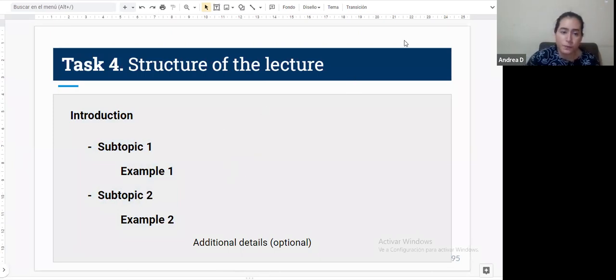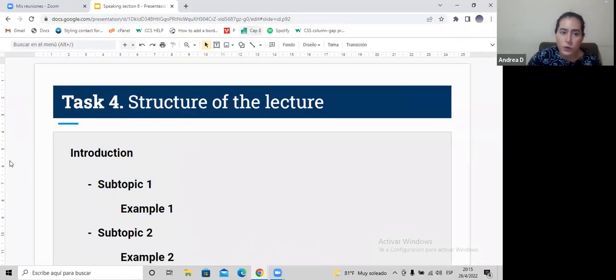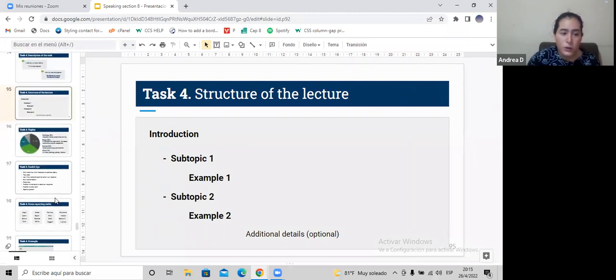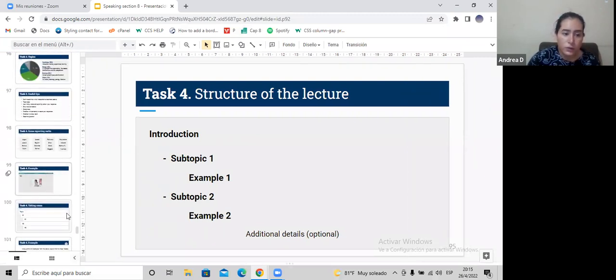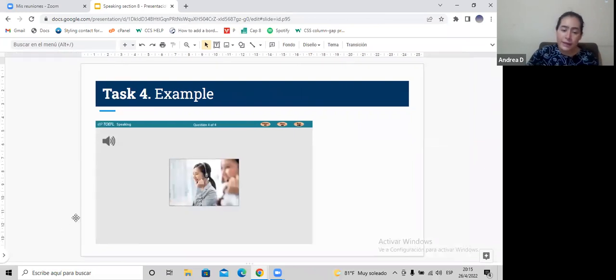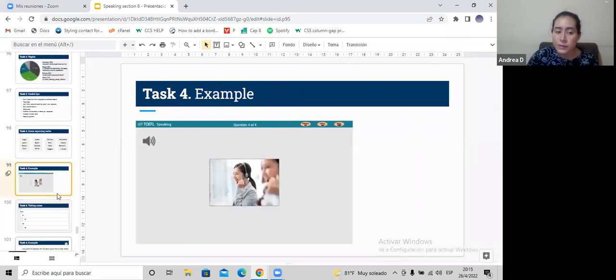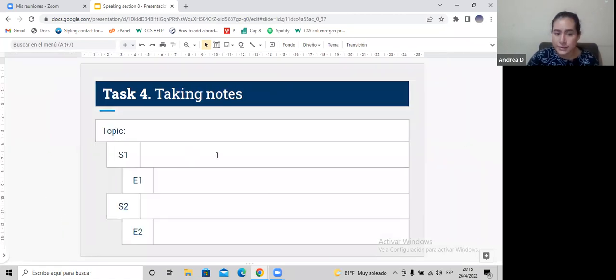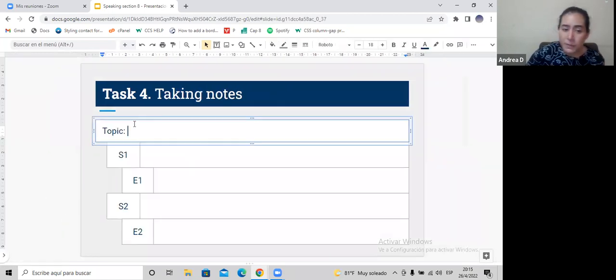Okay, guys. So moving on, without going any deeper, why don't we just start with an example? So let's look at what we have here. I'm gonna play the lecture. I'm gonna ask you guys to please take notes. Remember, try to organize your notes like this. For the topic, don't write anything down, please.